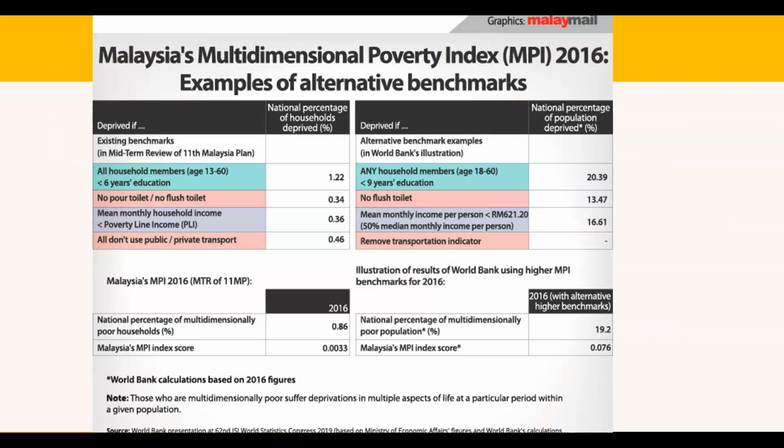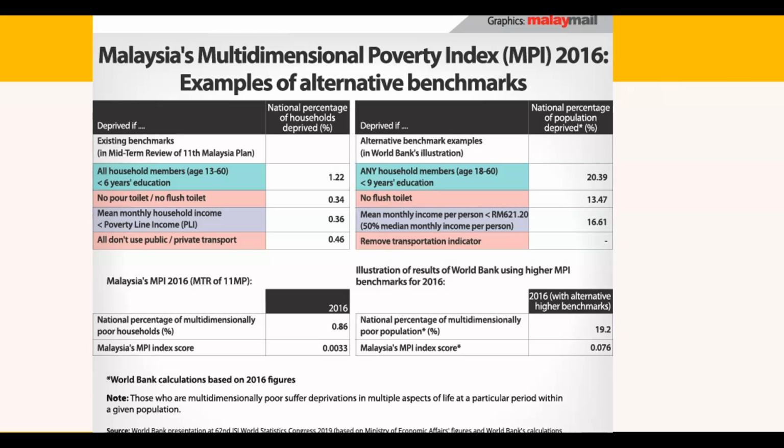Just now they already showed that from Malaysia it is about 0.8%, but actually if we use the benchmark from the World Bank, we get 19.2% of the national percentage of multi-dimensionally poor population, which gives an MPI score of 0.06 instead of 0.0033.